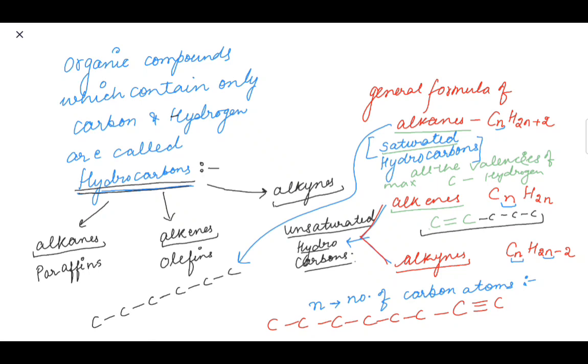Understood? Now just have a look. If I write down the general formula of alkanes, let's discuss a little bit of alkanes. The general formula is CnH2n+2. That means how many hydrogen atoms do we have? We have two more than double the number of carbon atoms.